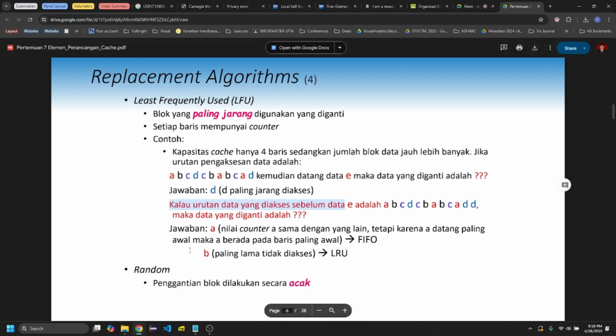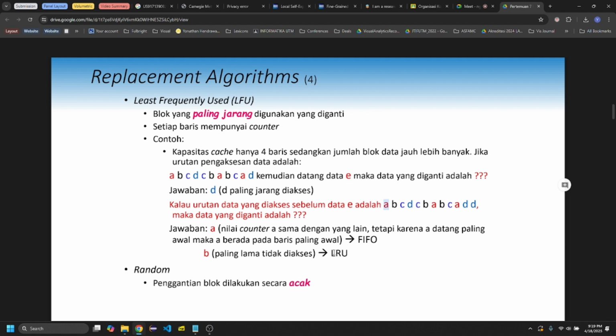In this case, the LFU algorithm might need to use the previous 2 algorithms to break the tie. If everything has equal frequency, then it might use FIFO. In this case, it will be A, first in, first out. A is at the front here.